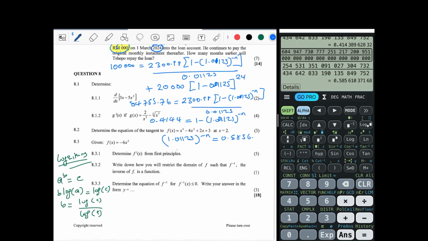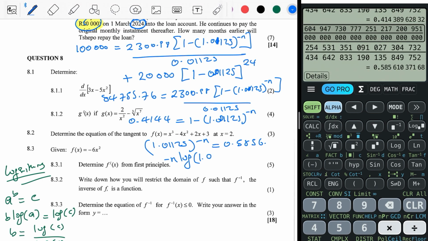So this is going to be what? Negative n log 1.01125 is equal to log of 0.5856. Remember, in your calculator, please don't cancel your answer. I don't want you to type this.